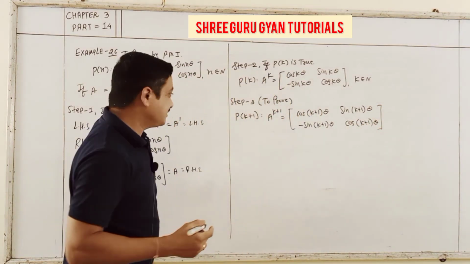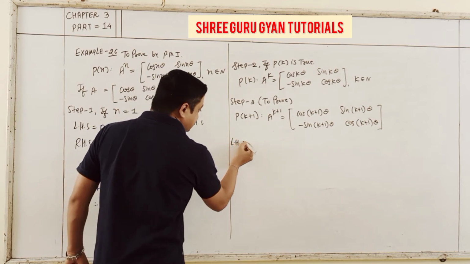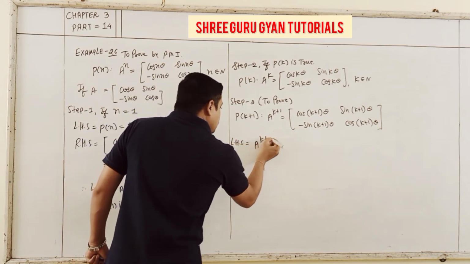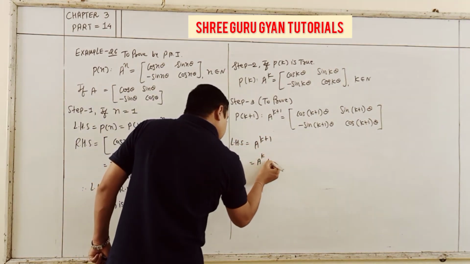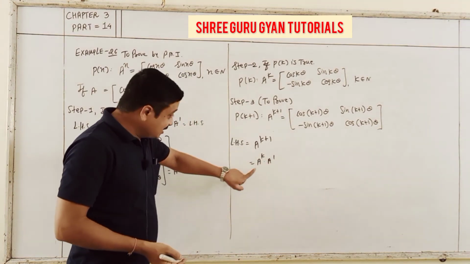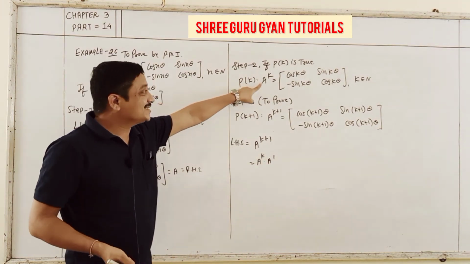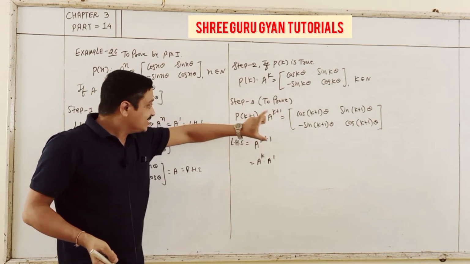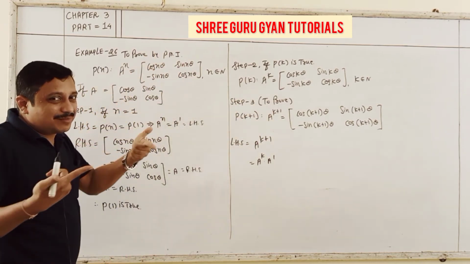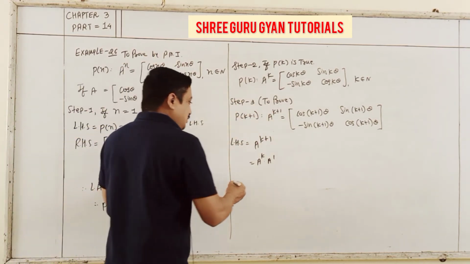That's my target. Now LHS. A raised to k plus 1, A raised to k into A raised to 1. This A raised to k, it is used from step number 2. A is given. Both apply and multiply. So your data is covered.